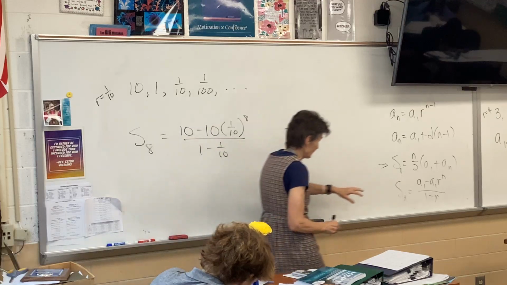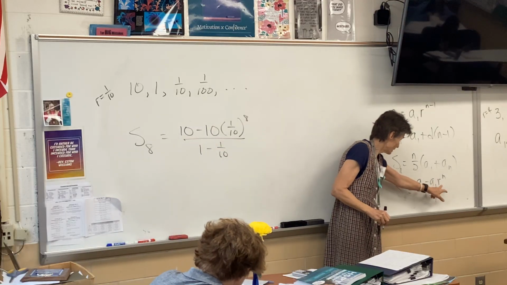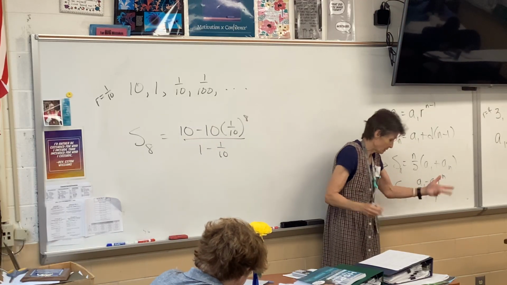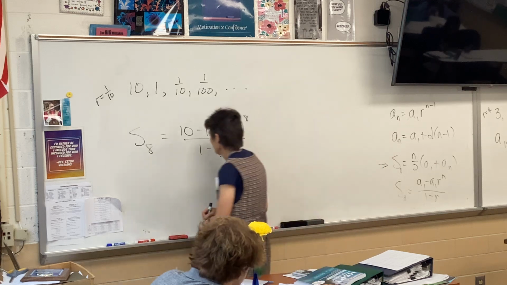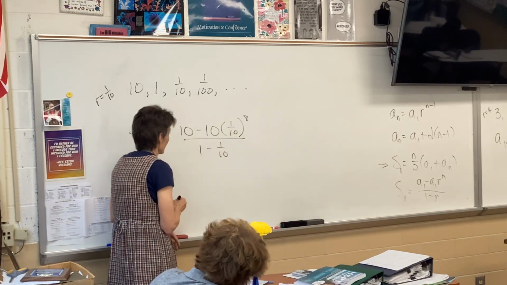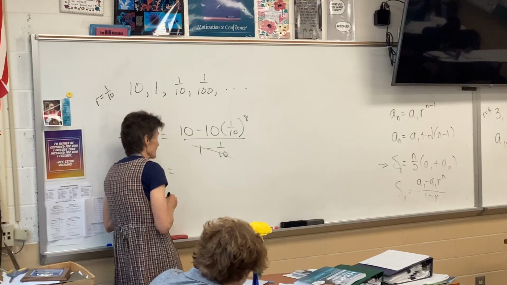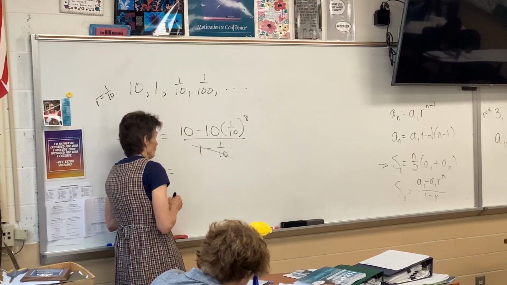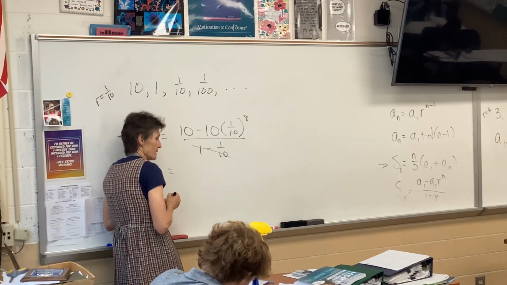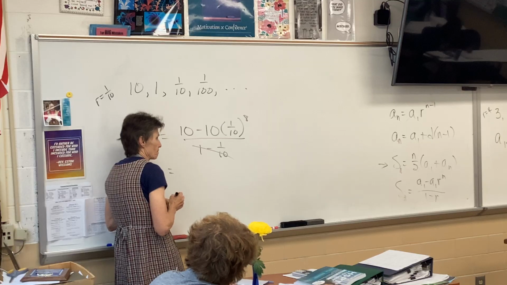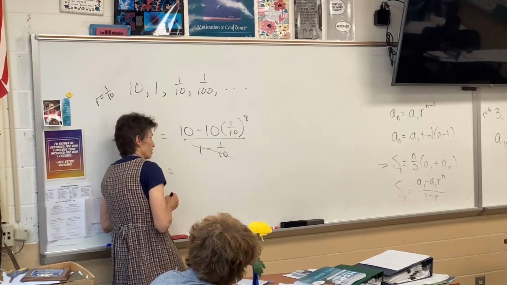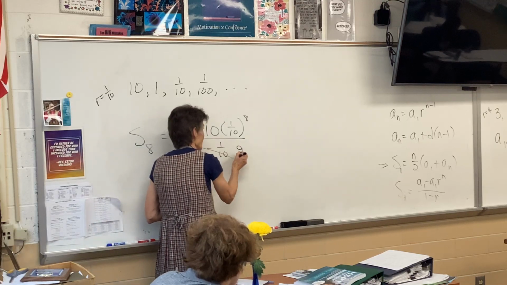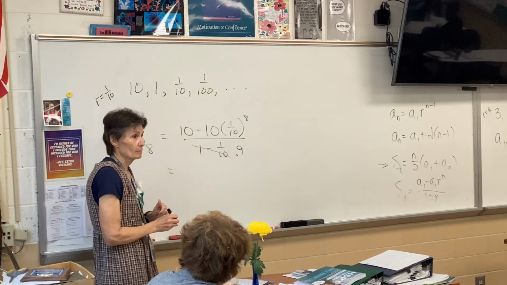Just plugging in my first term and my ratio, and that's it. I always like to do this first, I keep saying that. What's 1 minus 1/10? 0.9, 9/10.